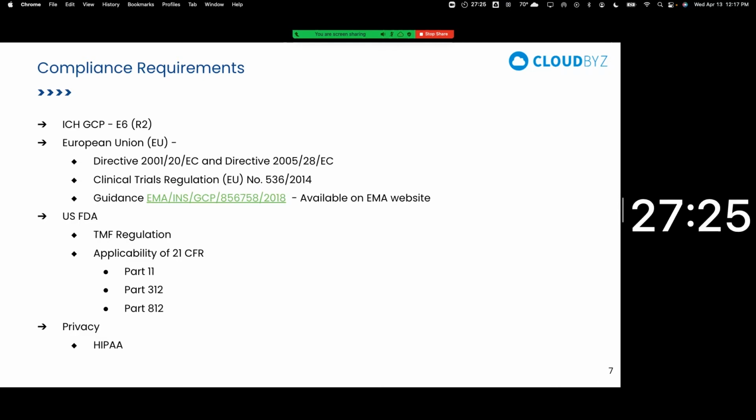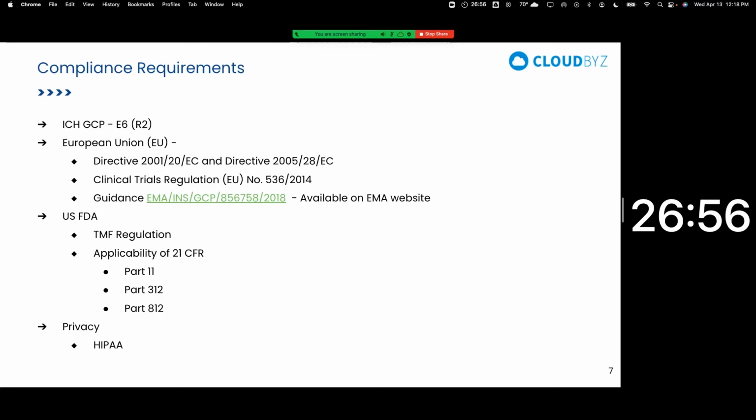Moving on to the US FDA, the US FDA recognizes the use of TMF as a significant piece of information, but unlike the EU, there is no specific FDA regulation regarding the TMF. But since the US FDA requires trials to be conducted in compliance with ICH GCP, there is an expectation that a trial master file will be created and maintained in accordance with those guidelines.